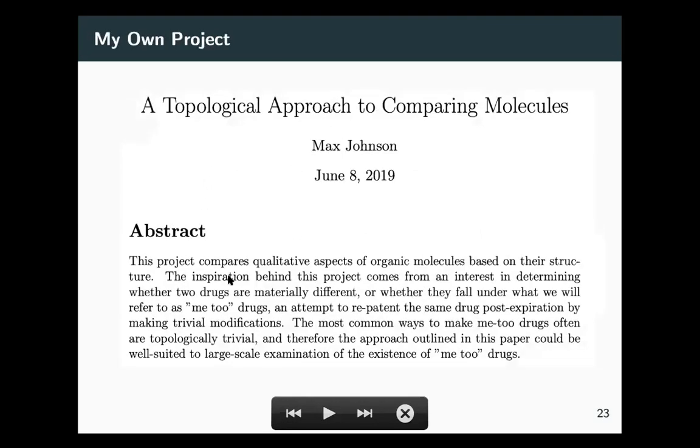Okay. And then finally, this is something I made, and the reason I became interested in topological data analysis. It was for an extra credit project for a second-year algebraic topology class I took. Basically, if you're trying to compare two drug molecules, you're looking at their organic structure, just like lines between carbons, between different atoms, right?